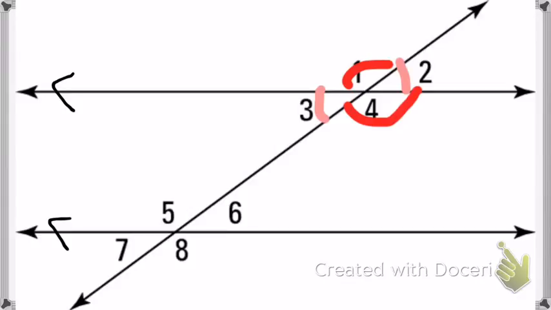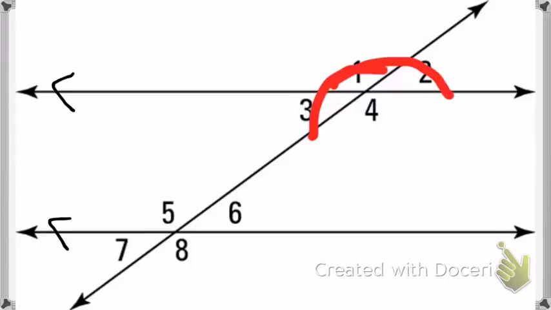If we look at angles 1 and 2, for example, we know that they add up to 180. And then we look at angles 1 and 3, and we also know that they add up to 180. So angle 1 plus angle 3 equals 180 degrees, and angle 1 plus angle 2 equals 180 degrees.